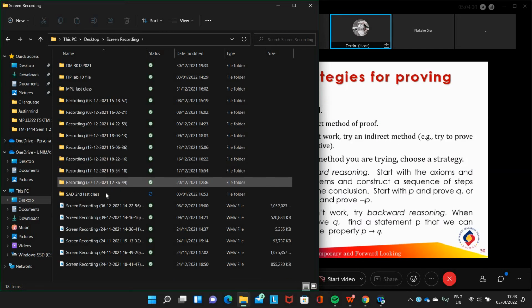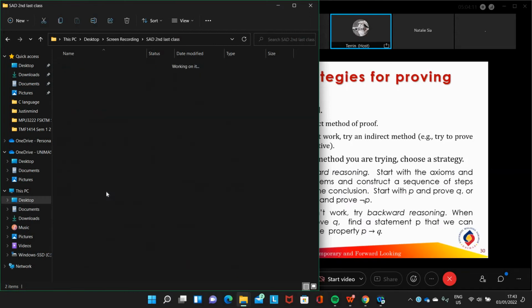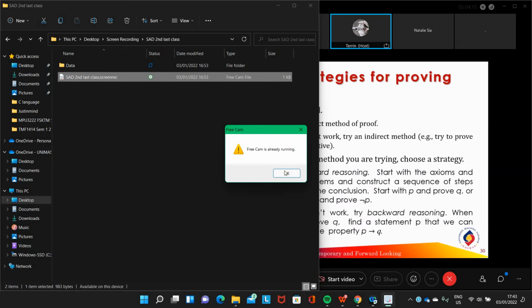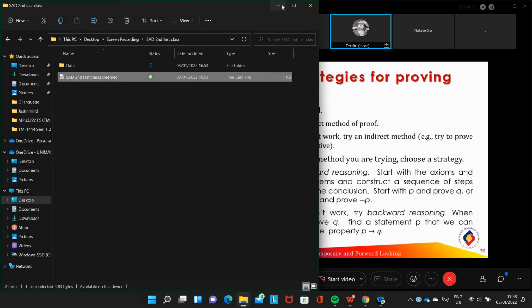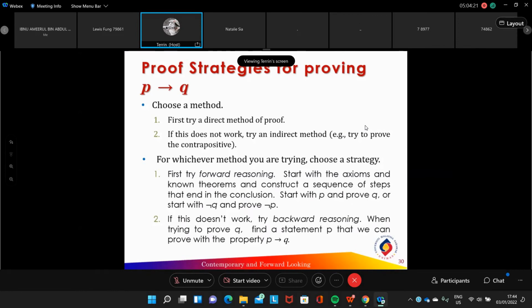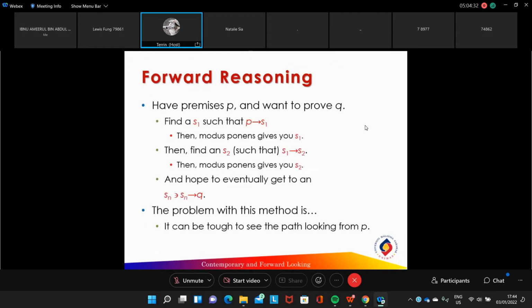And here, proof strategy, to just explain it, you first try a direct method like I said, and then if it doesn't work, then we try to use an indirect method to see whether we're able to obtain the answer. So for whichever method you're trying, choose the strategy well. So first we do what is known as a forward reasoning method, and then when it fails, we use a backward reasoning method.